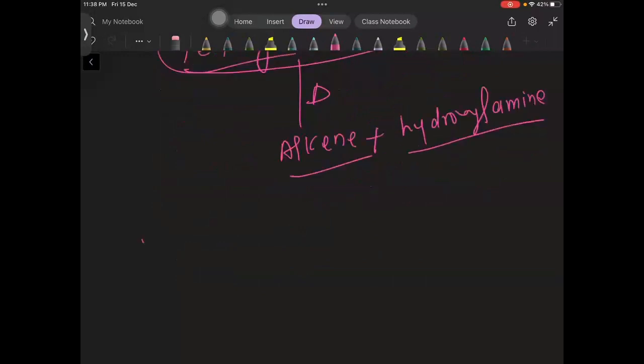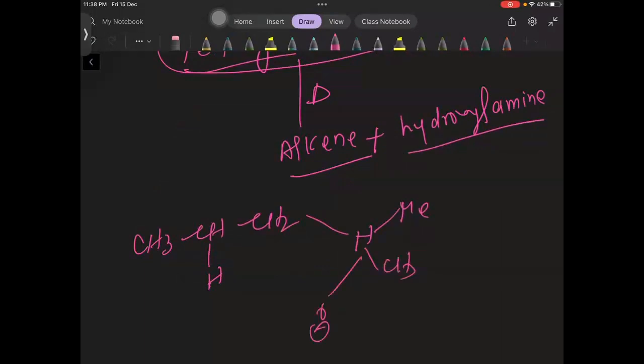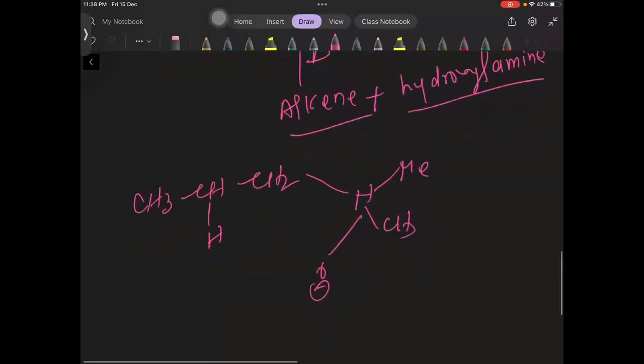So now we understand through an example. Students, we have CH3, CH, H, CH2, and the amine oxide with CH3, CH3, O negative, which is the negative charge, which is the base. So it will attack obviously on the acidic hydrogen, and you know the beta position is the highly acidic position. Here is the positive charge.